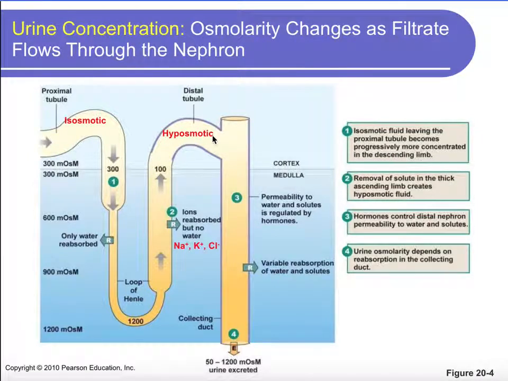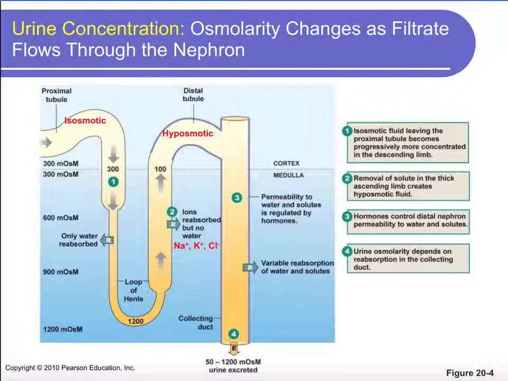Now in the distal tubule, we will reabsorb and secrete. And then in the collecting duct, we will reabsorb and secrete. Now, what happens here in the collecting duct will really determine what the osmolarity of our urine will be. And it really is related to what we do with water.